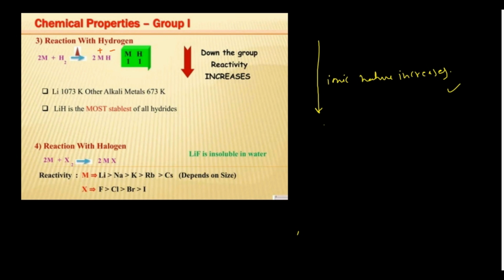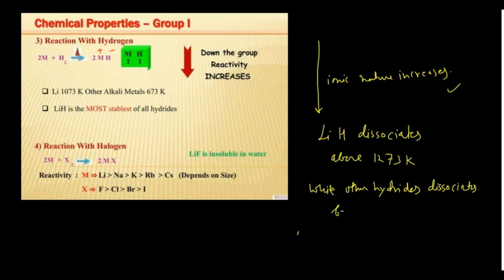Here lithium hydride, which is the most stable one, dissociates above 1273 Kelvin, while other hydrides dissociate below 773 Kelvin. So I have taken this from some standard book. Please remember this thing. And the most important thing which you should remember, which is not written here, is that all these alkali metal hydrides are very strong reducing agents.